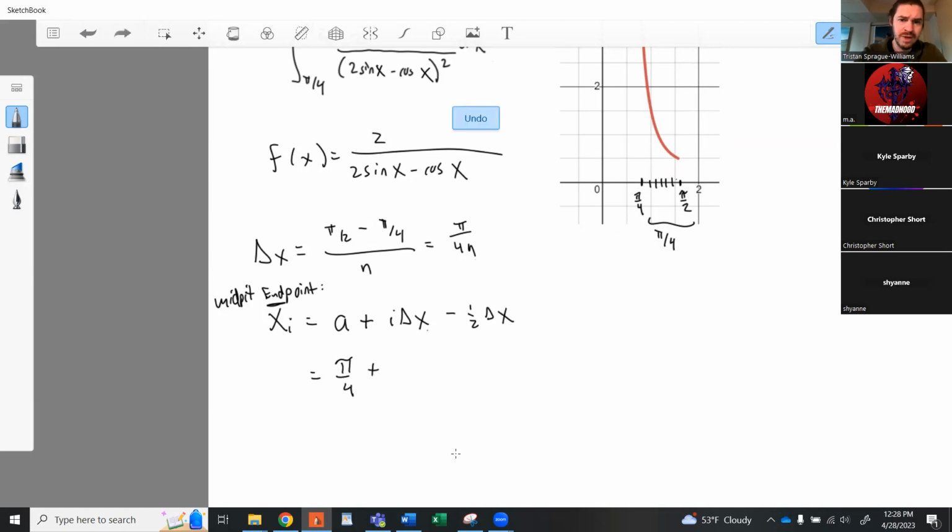Delta x was this, so we've got pi i over 4n, and then minus a half of this. So a half of this is going to be pi over 8n. I think we can combine pi over 4 and pi over 8. Nah, let's not bother combining anything. We'll just have 3 terms. That's fine. Okay, so that is our xi bar. That's our midpoint formula. Midpoint abbreviated there.